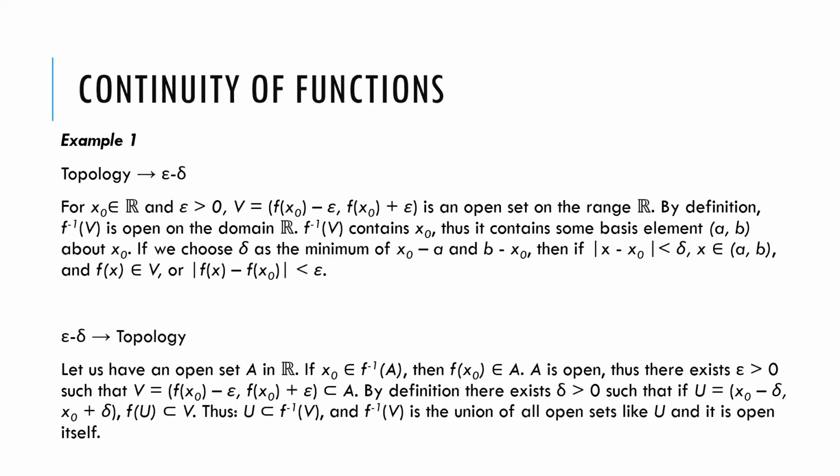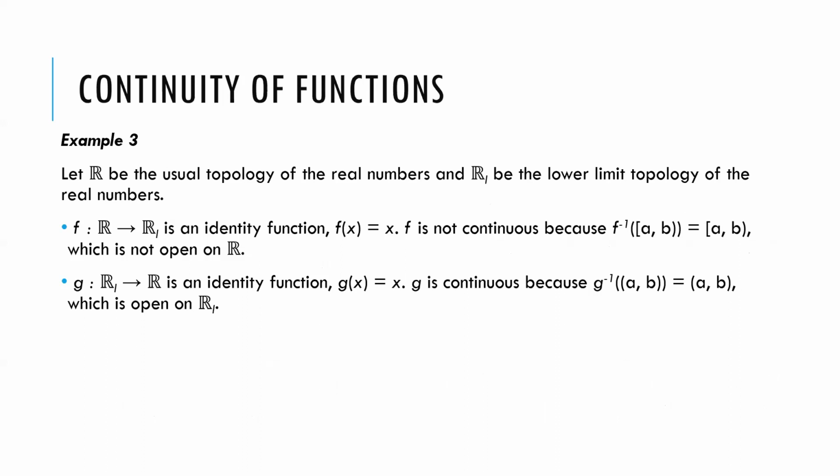I have not put the example on a separate slide because I think we're going to discuss example 2 more when we study metric spaces. And our next example is example 3.